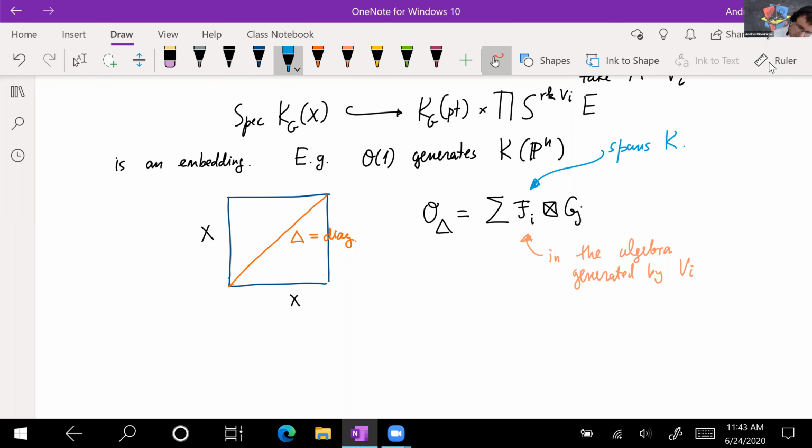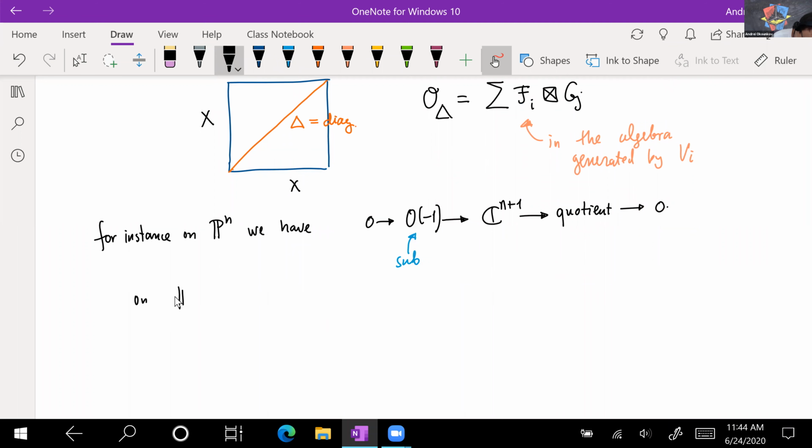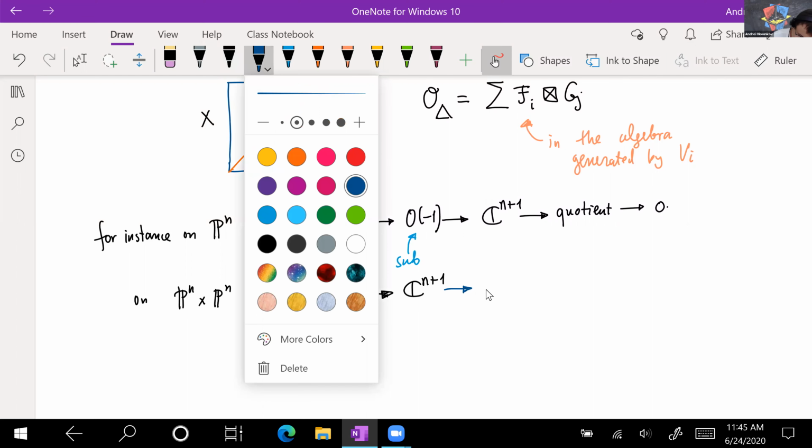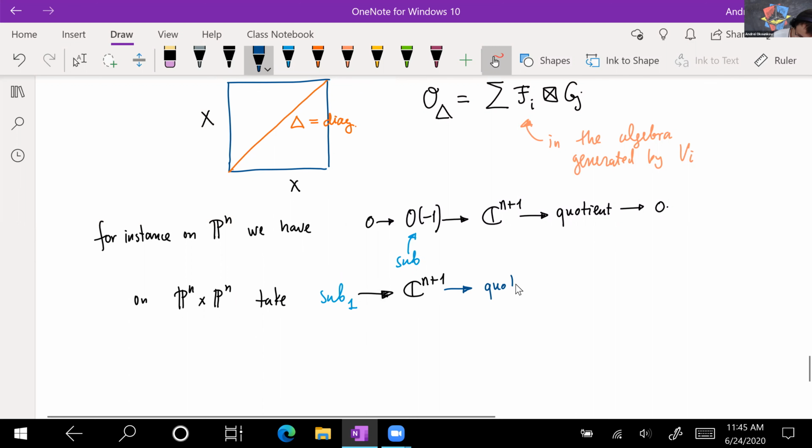And so then on P^n cross P^n, we can take the following thing: we take the sub from one factor, map it to the trivial thing, and then take the quotient to the second factor.